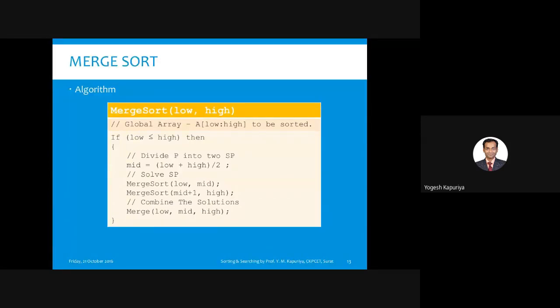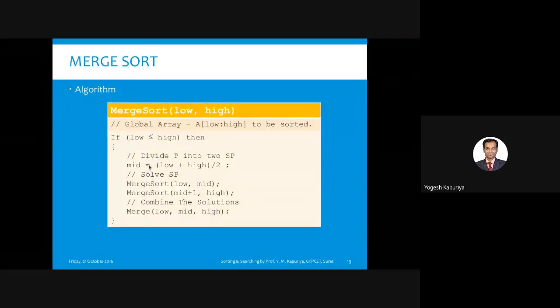The only thing you need to take care of is that when you write mid is equal to low plus high by 2, the mid cannot be a fraction value. That means mid cannot be 1.5. It has to be either 1 or 2.